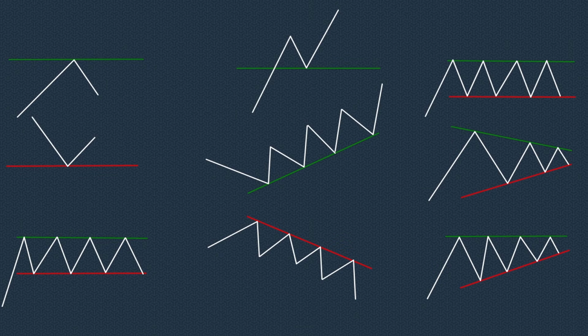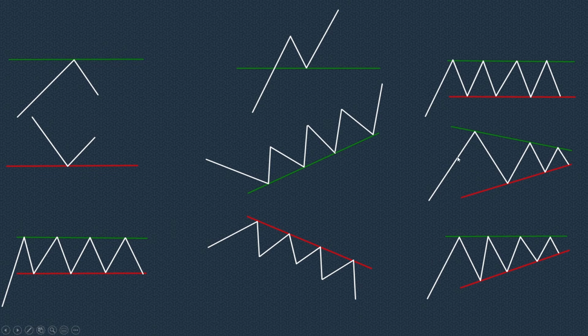When you search for a formation, for example, let's take a triangle, we'll discuss it. If you found a really good triangle in your point of view, you have to think: is this triangle really visible to other participants of the market?